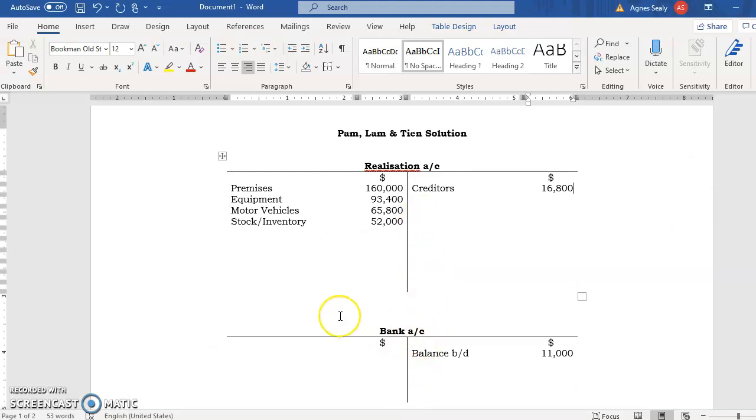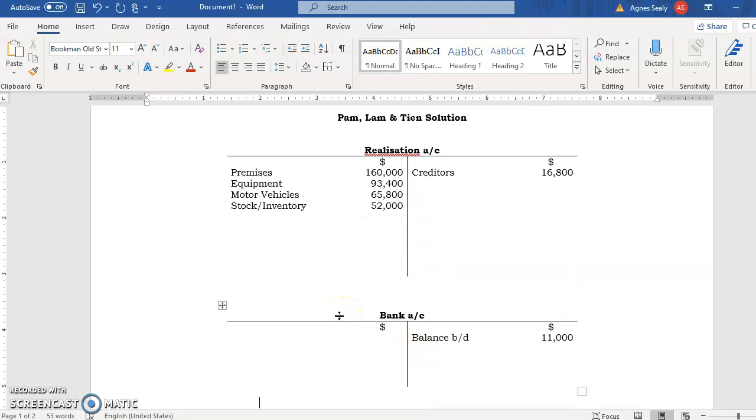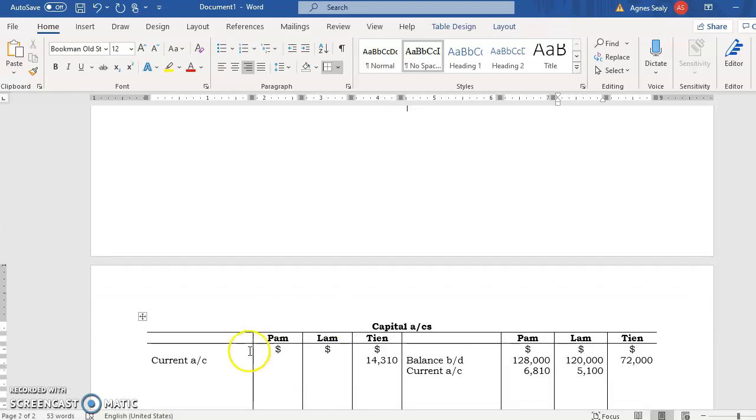So we're going to go to his capital account and debit it for $12,500. I'm going to put here MV to let you know that it was a motor vehicle that he took at that valuation.